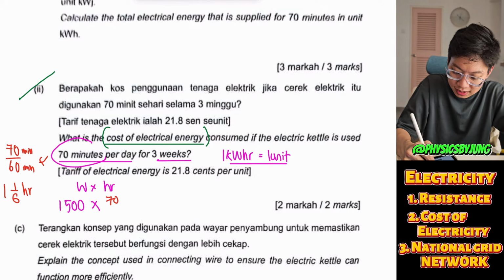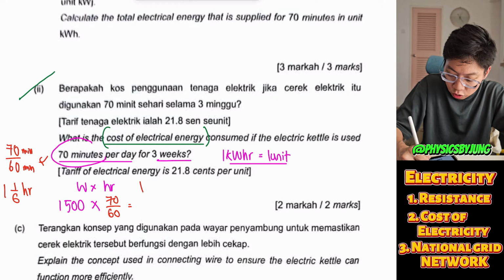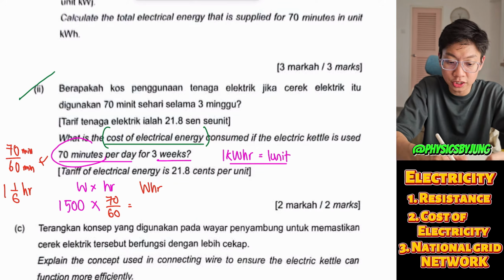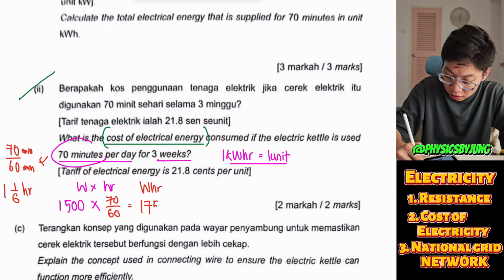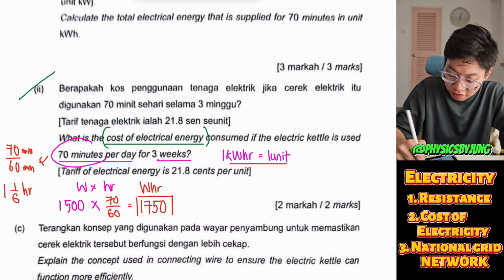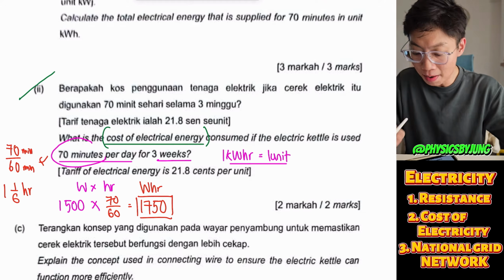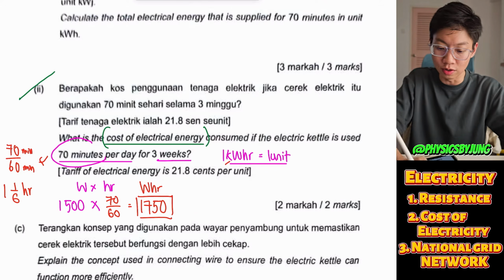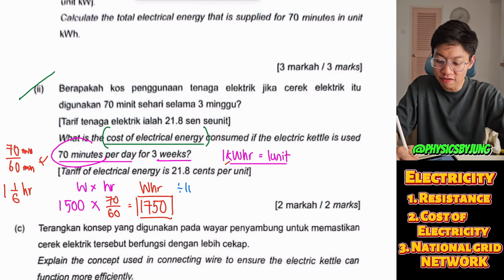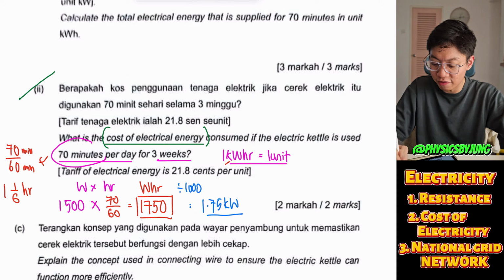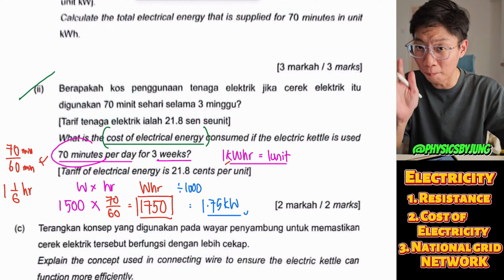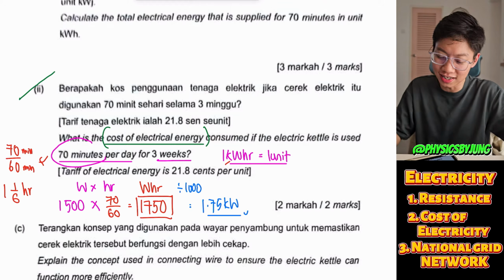So now we will take 1500 times 70 over 60 to get our calculation in terms of watt hour. So I got 1750 watt hour. But remember, we are looking for kilowatt hour, so immediately I have to divide by 1000. So I will get 1.75 kilowatt hour. So please do take note of this.